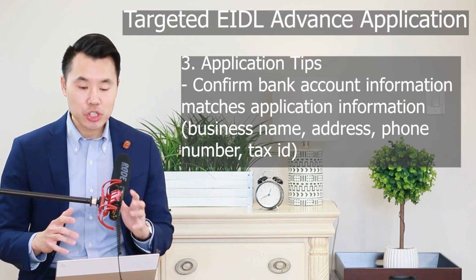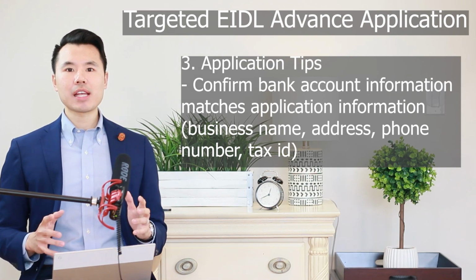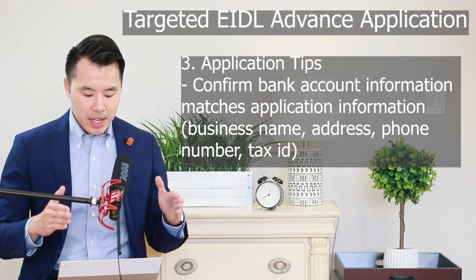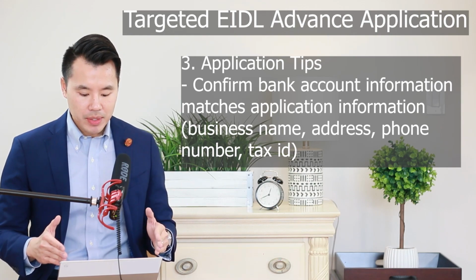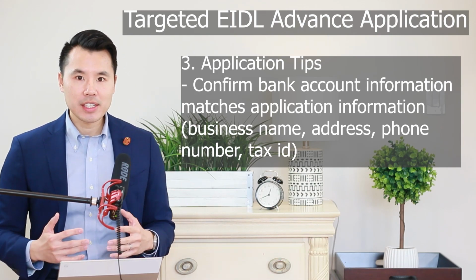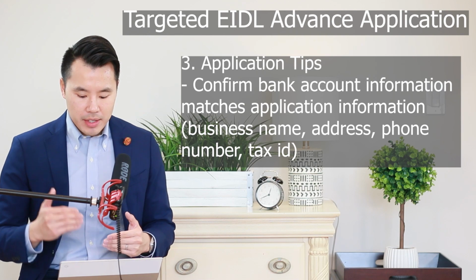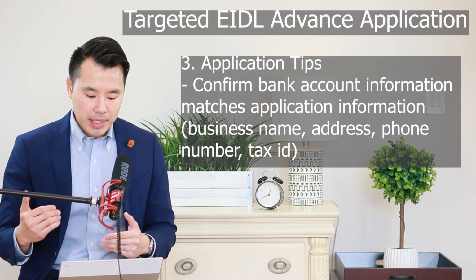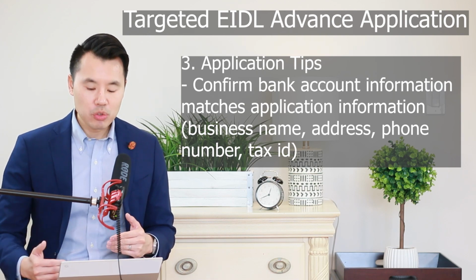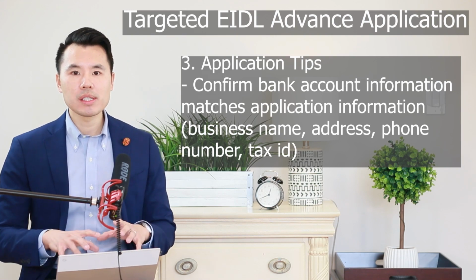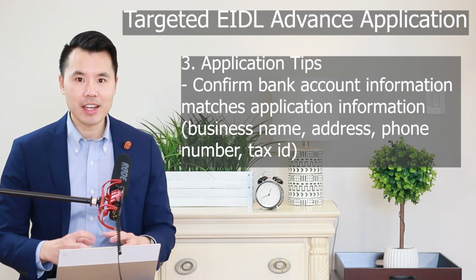Okay, they're gonna actually do this check. They explicitly say on this application and in this email that if you do not have a bank account that satisfies these criteria, right, the informational side, there is a greater chance that the SBA will not be able to approve your targeted EIDL advance. Once again, this bank account information is vital, okay?